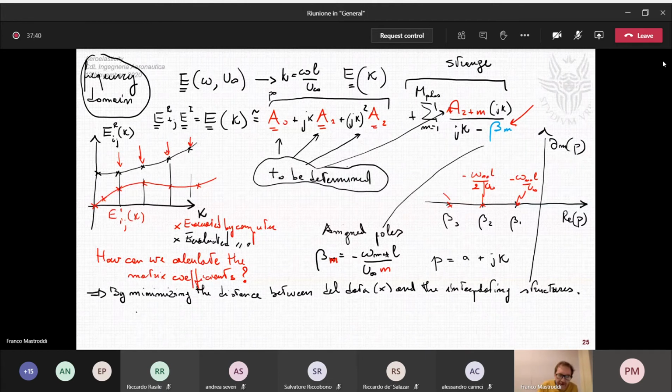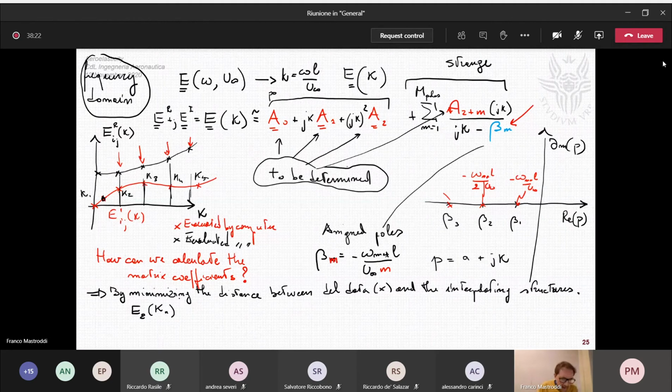We have to define an error, and the error is very simple to define, because we can introduce an error matrix epsilon, which is a function of the values K1, K2, K3, K4, K5, and so on, where the aerodynamic matrix is evaluated. So we have an error matrix depending on the reduced frequency evaluation Kn.